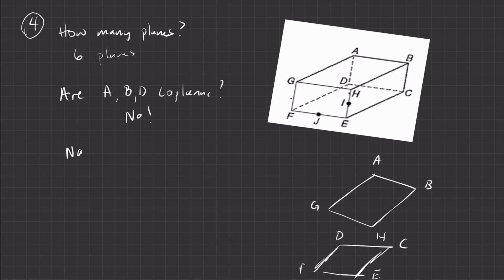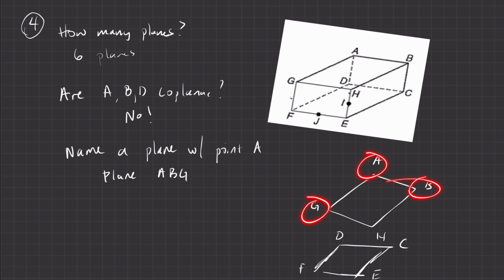We can call that plane ABG. Okay, we need to have 3 points to name a plane, right? So plane ABG is 1. You can call this, I don't know, ABH, so plane ABH.